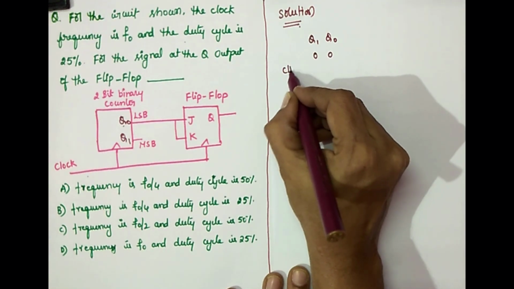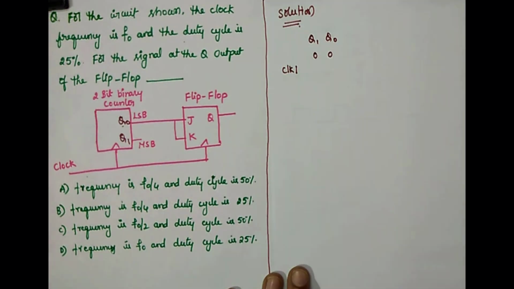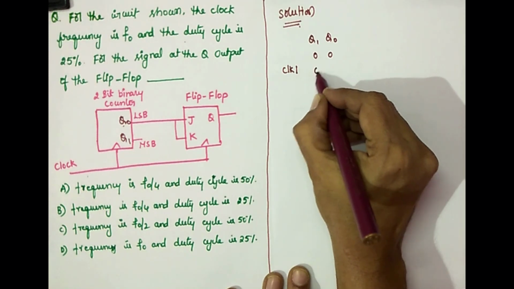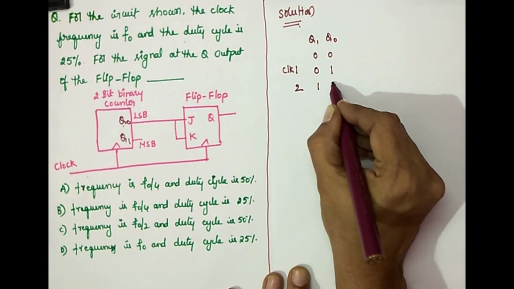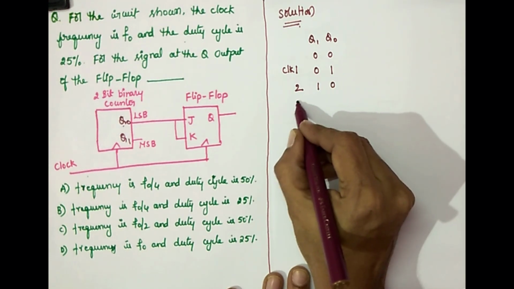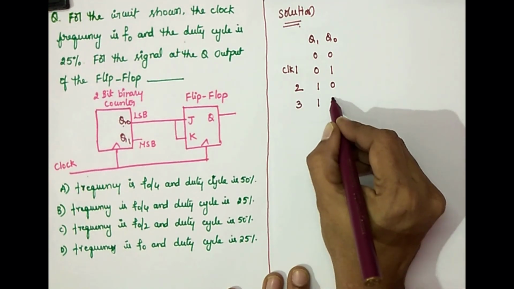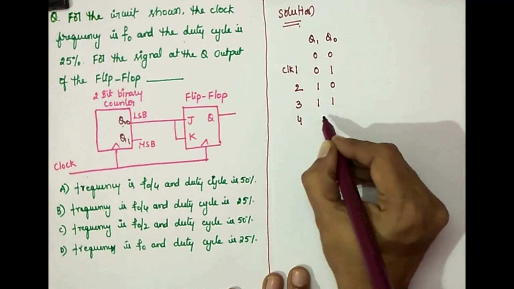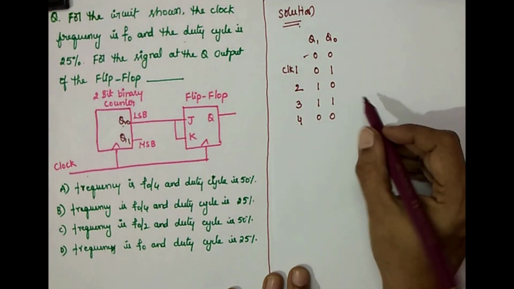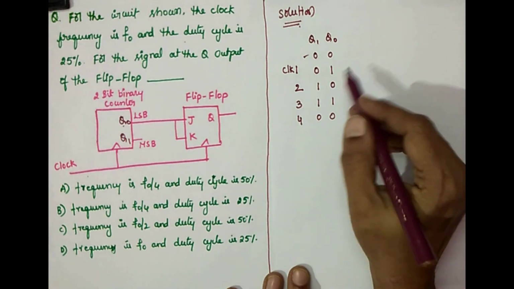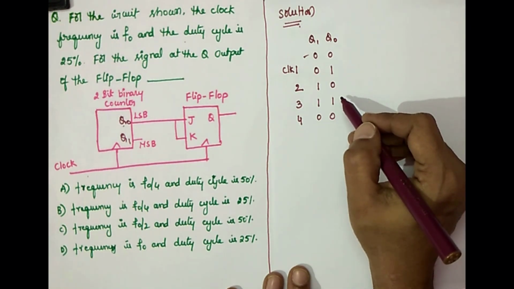After the first clock, the outputs are 0 and 1. For the second clock, the outputs are 1 and 0. For the third clock, the outputs are 1, 1. And for the fourth, this sequence will repeat. So it has 4 states. That is the reason it is called a 2-bit up counter.